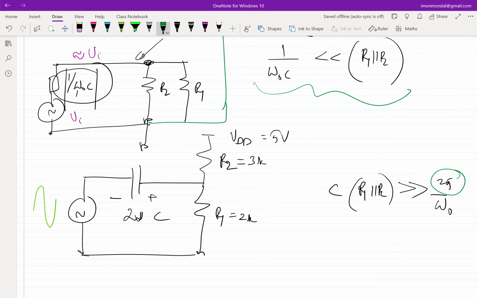So what is the moral of the story? The crux of the matter is a capacitor with a large time constant can behave like a short circuit for an AC input, as long as you satisfy the condition that RC, the equivalent R times C, is much, much greater than 1 over omega naught, right? That essentially is a takeaway from this lecture.